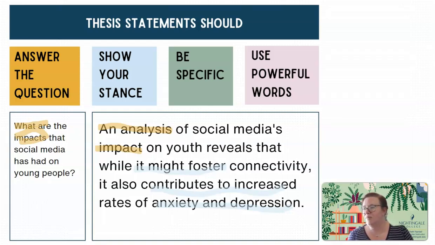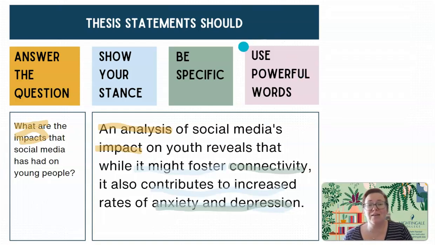So in this thesis statement, we're going to talk about connectivity as a positive, and then we're going to talk about anxiety and depression as our second. We can tell from this thesis statement that this paper will have 2 sections to it. One where it talks about a positive and one where it talks about a negative.